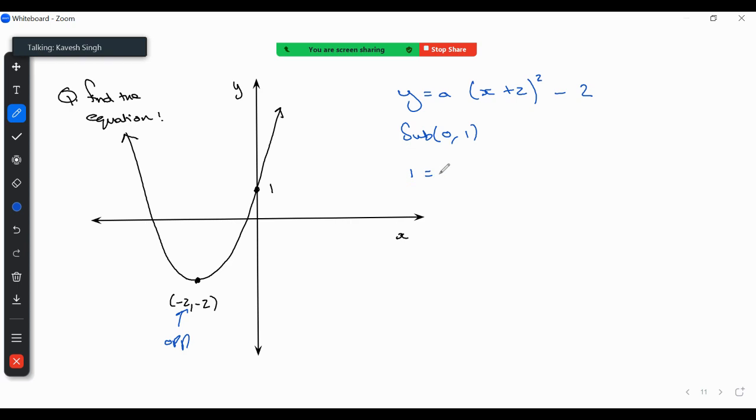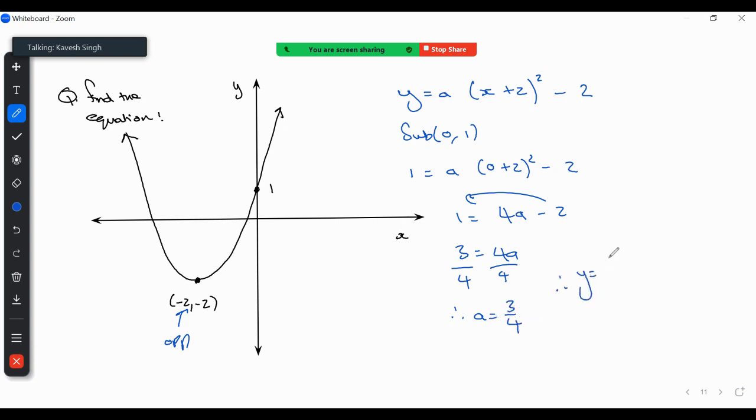And we're going to make y equal to 1, x equal to 0. And so that becomes 4a minus 2. Moving it across becomes 3. And dividing it by 4, a will equal 3 quarters. So my equation will be y equals 3 quarters x plus 2 squared minus 2.